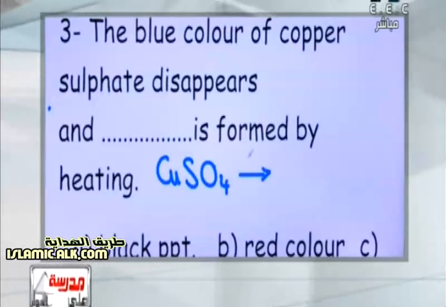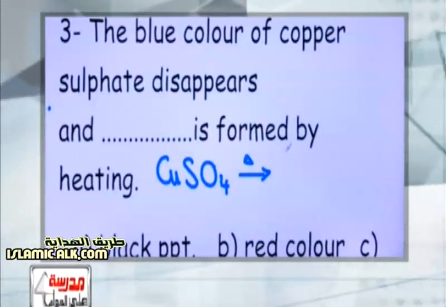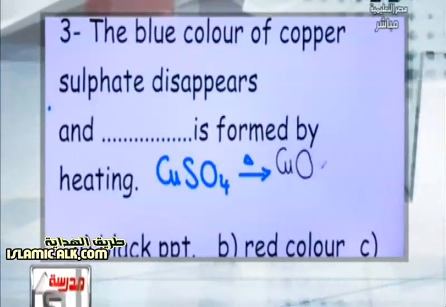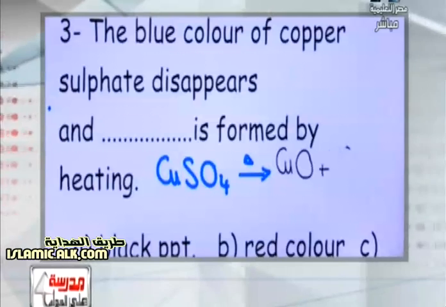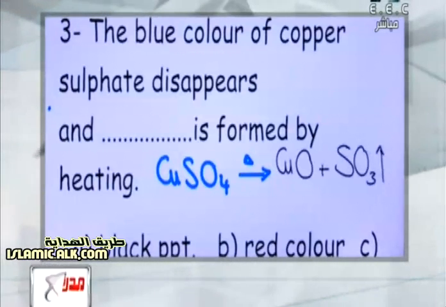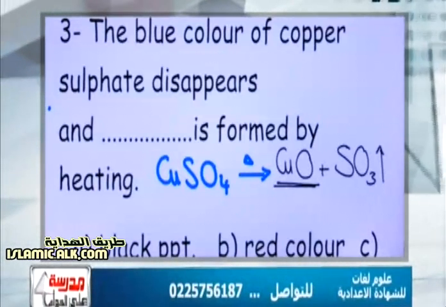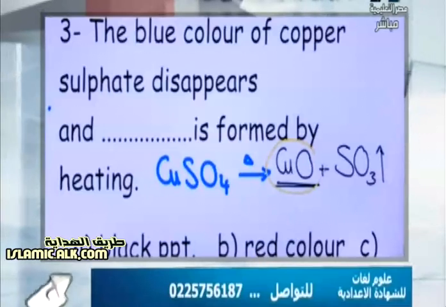By heating it decomposes into copper oxide, black, and sulfur trioxide. As we have here copper oxide, its color is what? Yes, its color is black.